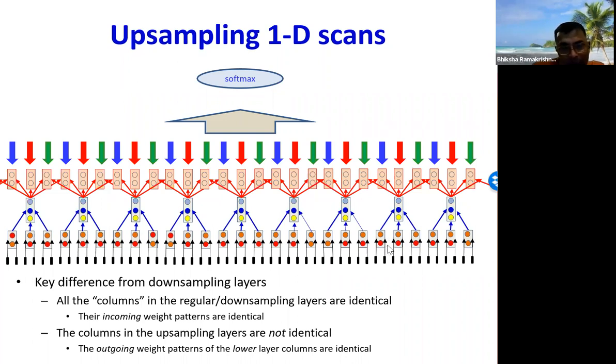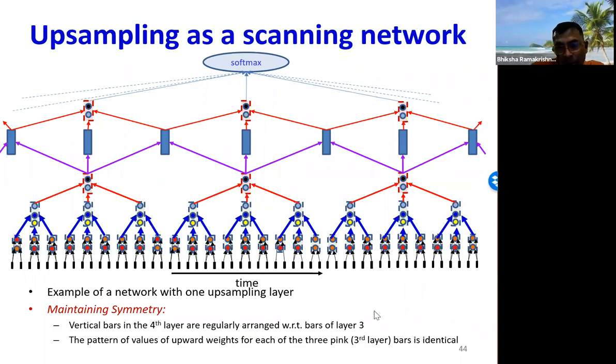So even with upsampled layers, the entire computation can still be viewed as scanning with a shared parameter network. Here, for example, this blue layer is an upsampling layer, because the third layer has only 3 bars, but the fourth layer has 3, 6, 7. So that's an upsampling layer.